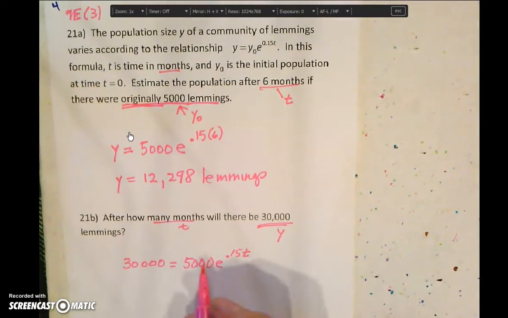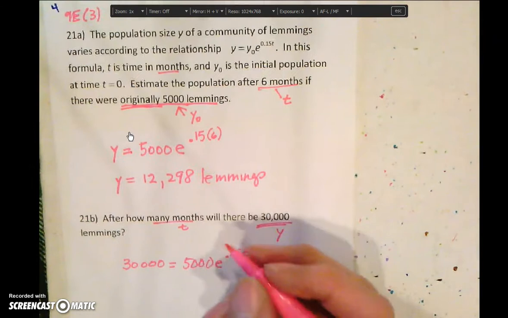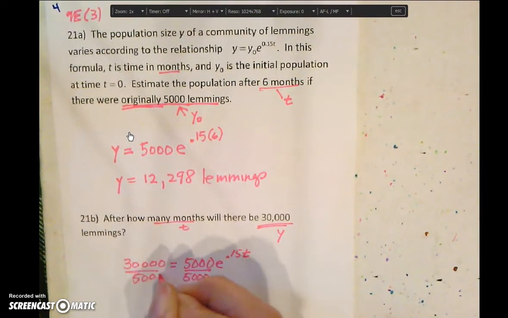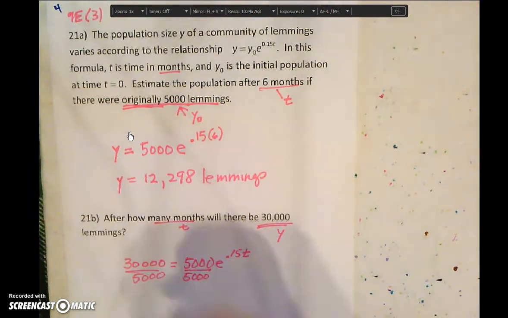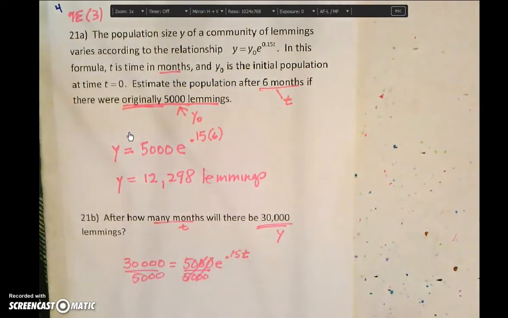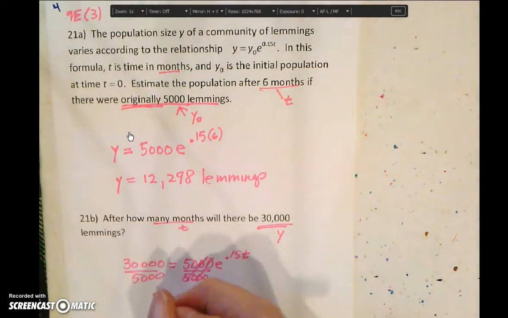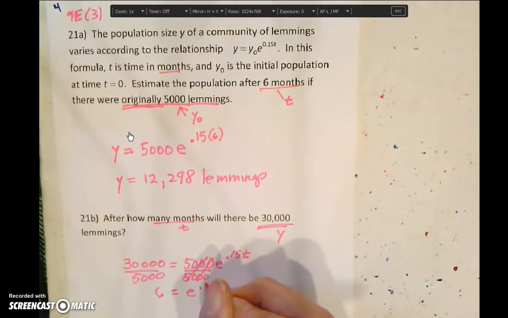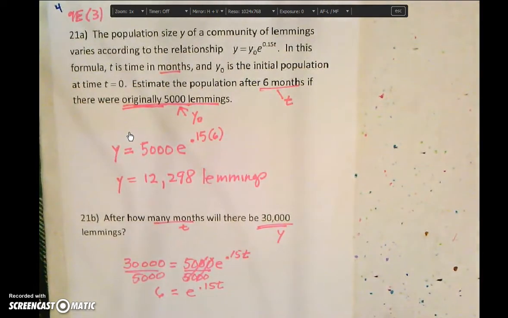Now, the first thing I need to do, though, is isolate my exponential expression. So you can see I've got this 5,000 right here, and I need to undo that. So I'm going to divide both sides by 5,000. I can do that in my head. That's 6 is equal to e raised to the 0.15 t power.